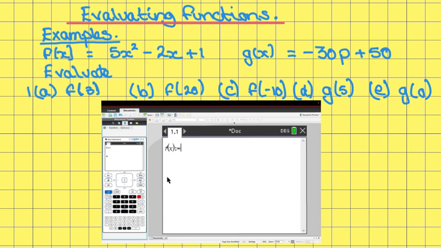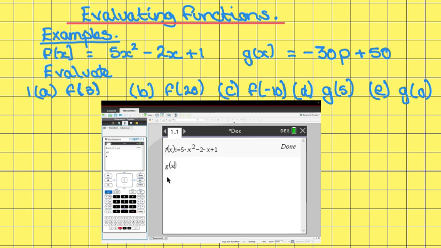Now we can type in 5x squared minus 2x plus 1. Hit enter. It's now defined.